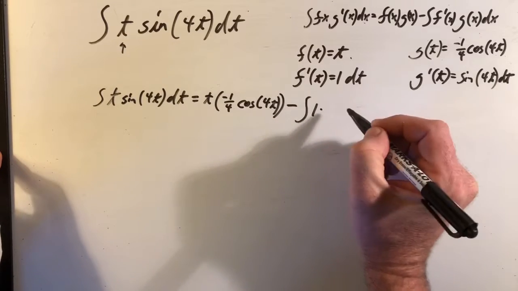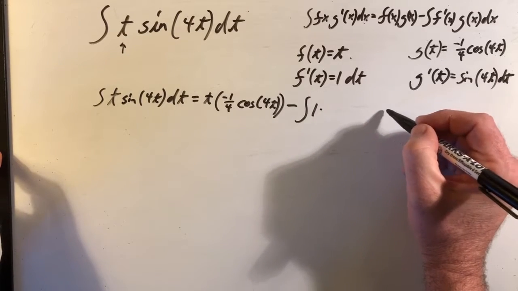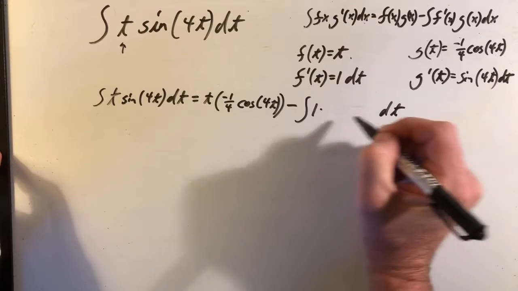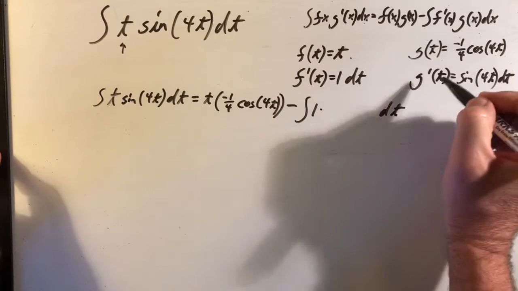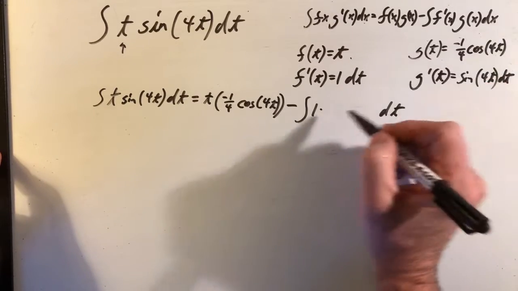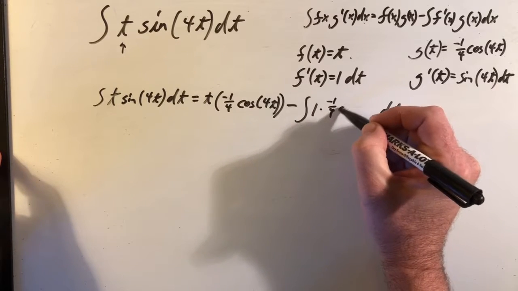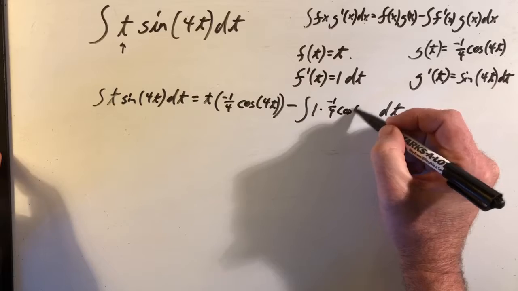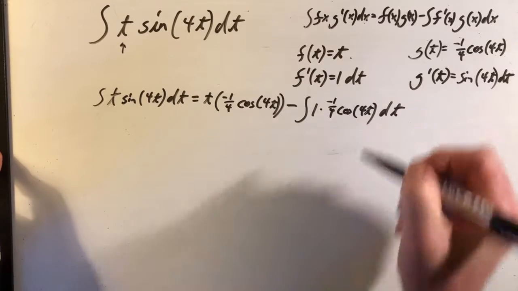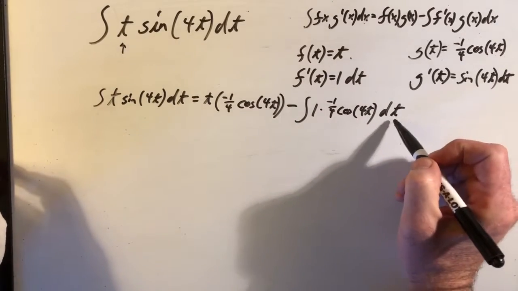So I have 1. I'm going to put the dt out here, and then I need to multiply that by this one right here, which is a negative 1/4 cosine 4t. There, that's why I left the space to put that in there, and the dt is at the end.